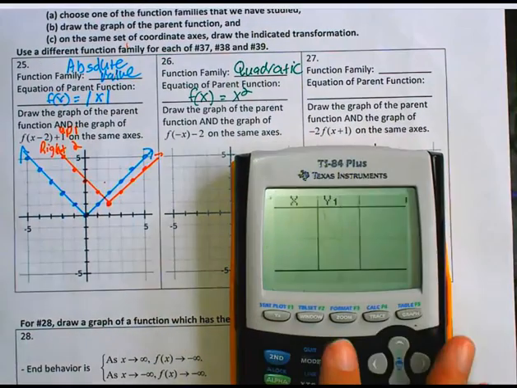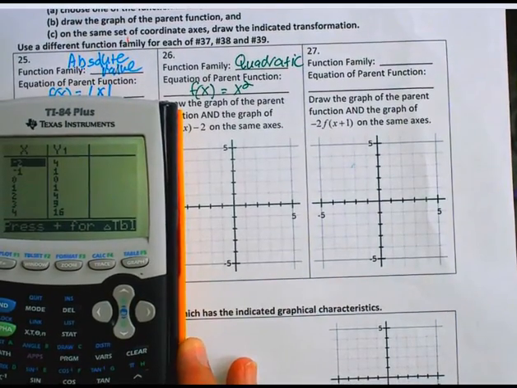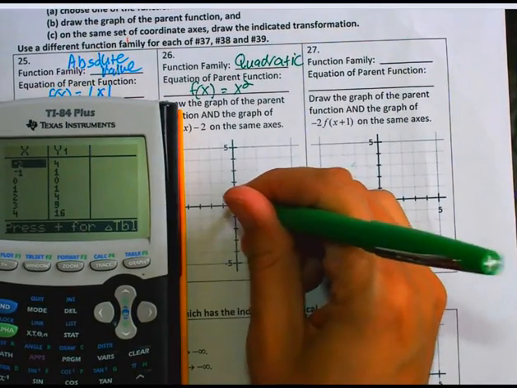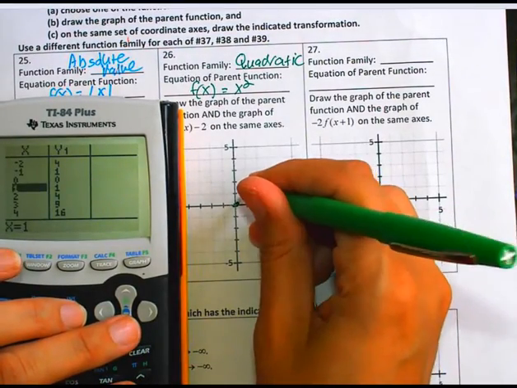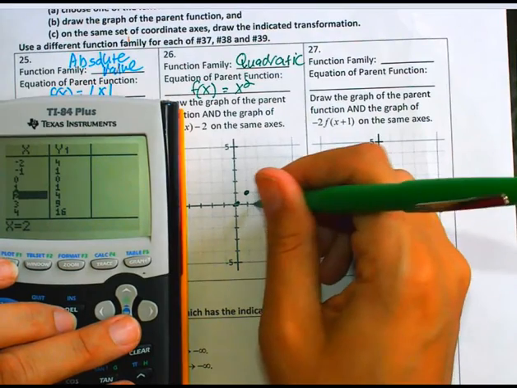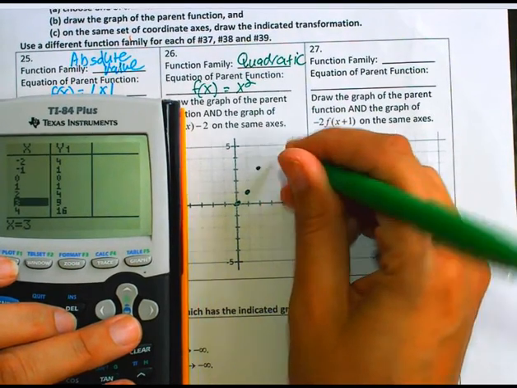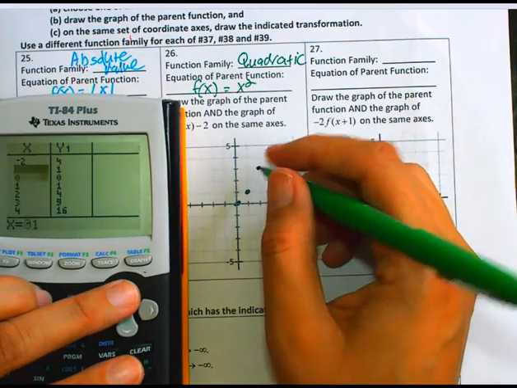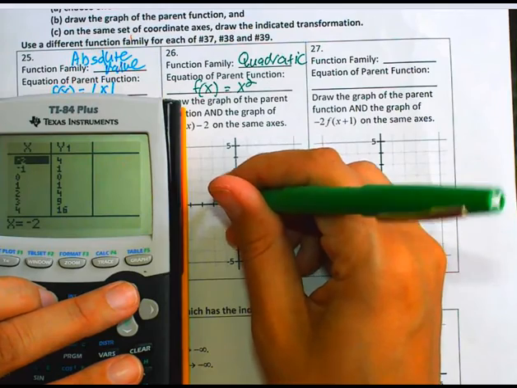I want to make sure that my graph that I'm actually sketching looks nice. So I know that it starts at 0, 0. I'm going to go ahead and plot a couple more of these points. So I go at 1, 1, 2, 4, 3, 9 is off the graph, and then going the other way, I go negative 1, 1, negative 2, 4.